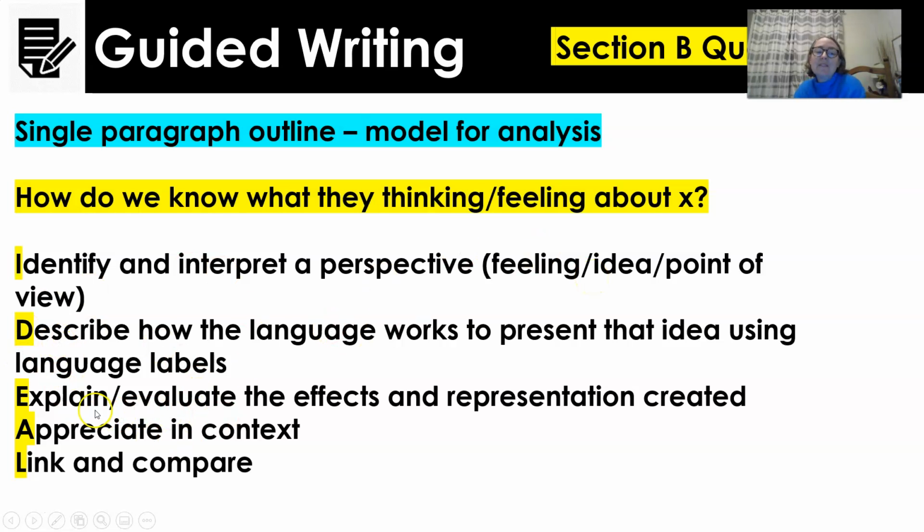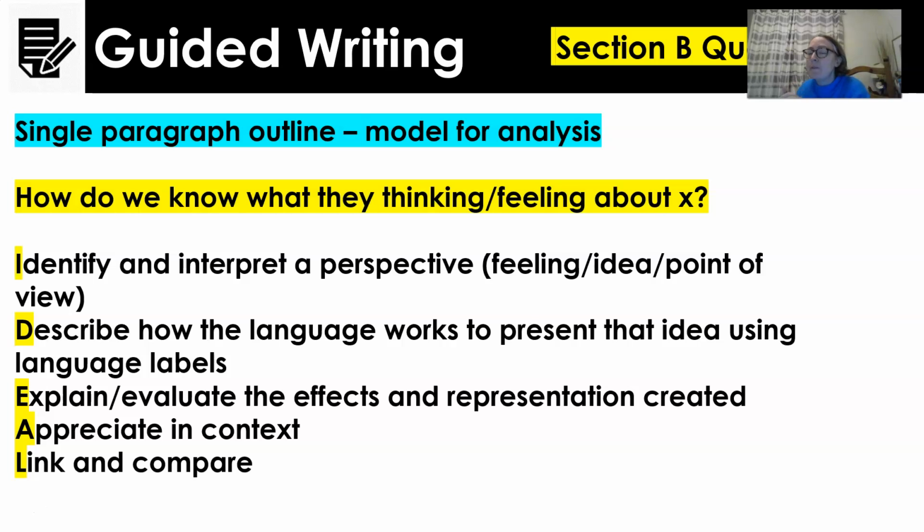And then we begin to explain/evaluate. Now, the first thing about an explain is always linked to words like because, which, okay? Because we're giving a reason why. So we're giving a reason why a word like fret or worry reinforces the idea that people are anxious about something. Okay, we look to give a reason.